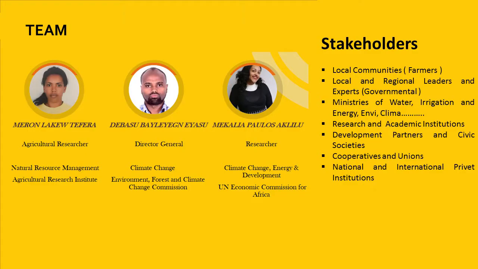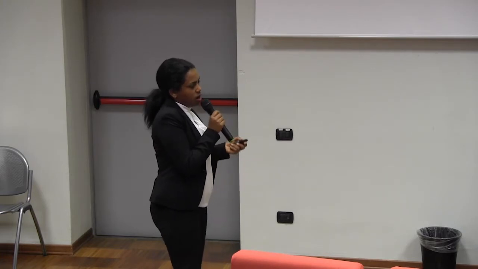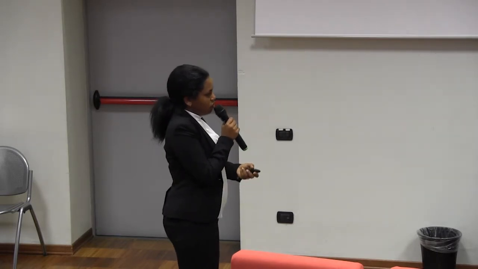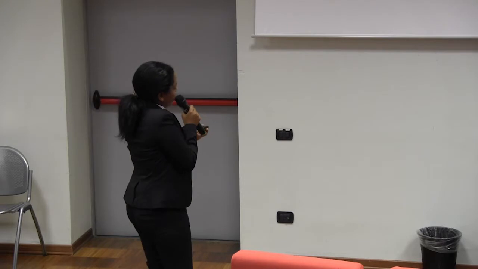Our team is three of us. I am an agricultural researcher, so I came from agricultural research. It is my day-to-day activity to meet the farmers and the local people. Actually, I am working on the soil and water irrigation program, so I can face the problems and the challenges on the ground and implement.